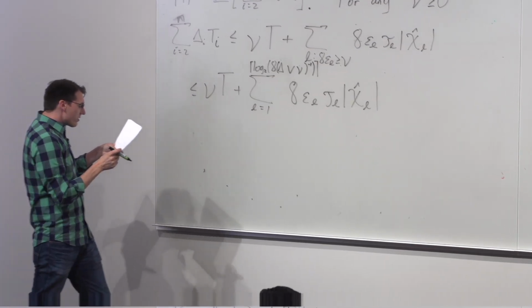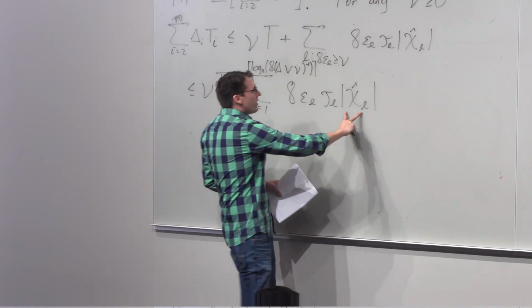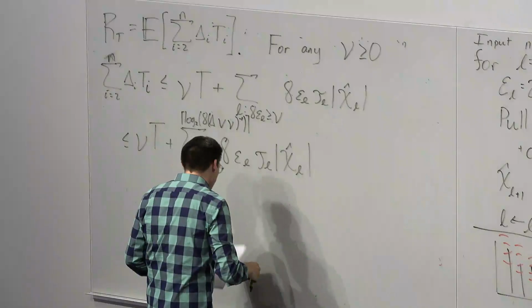And now what I can do is I can rewrite this x hat L as just a bunch of indicators.